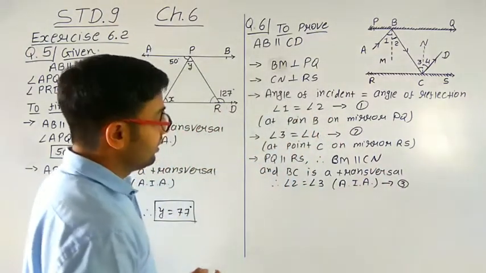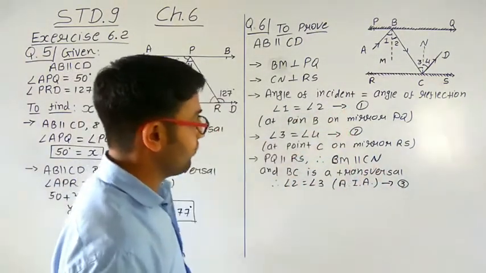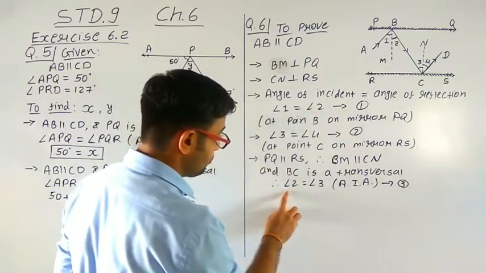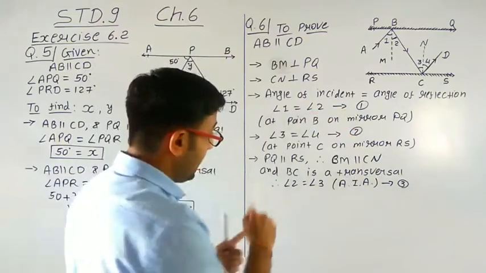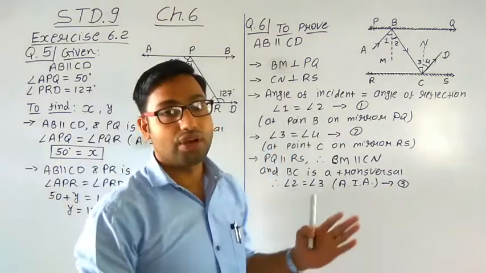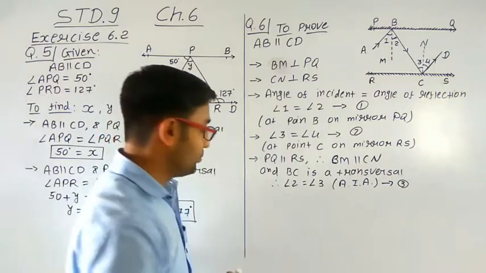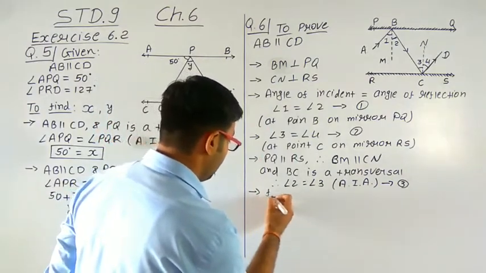Now see, from equations 1, 2 and 3, what can we write? Angle 1 is equal to angle 2, angle 2 is equal to angle 3, and angle 3 is equal to angle 4. That means all four angles are equal to each other.